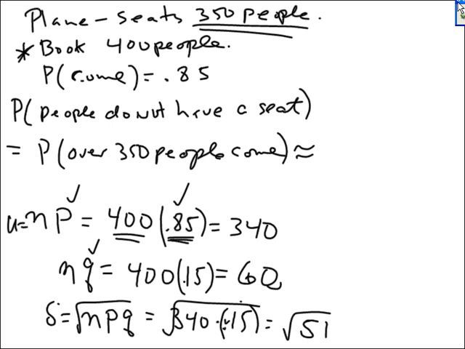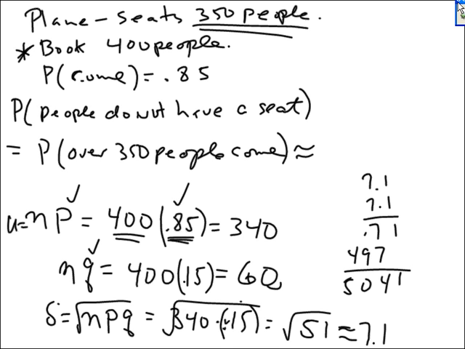The square root of 51 is just a little bit more than 7. Say 7.1. See how off that is.